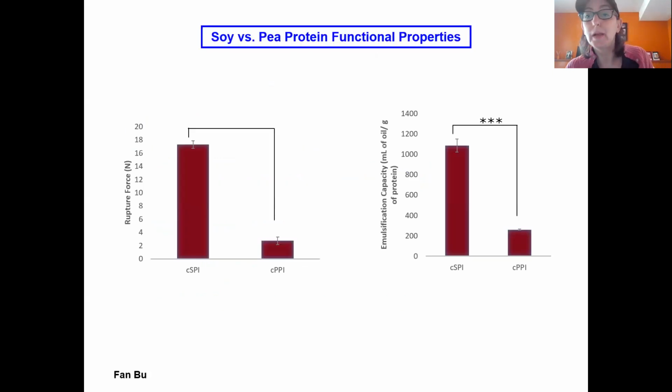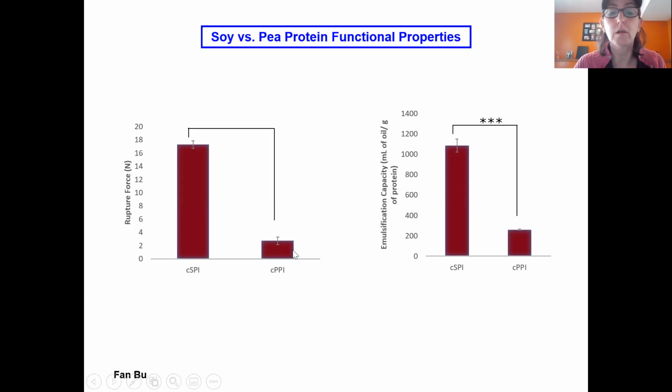If we want to compare different legumes, in this case soy versus pea, they're both legumes, and pea is now getting more attention and is used more in the market than a few years back. But if we look at the functionality here, there is a great difference between soy protein isolate and pea protein isolate.